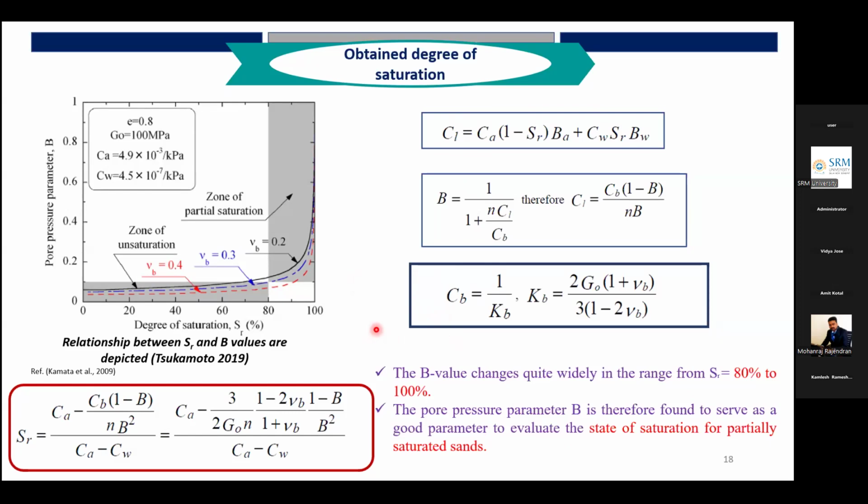So we have made a correlation between the pore pressure parameter U in the previous slide and the variation of degree of saturation. Theoretically, finally we want to get the degree of saturation with respect to the pore pressure parameter, the so-called B value.